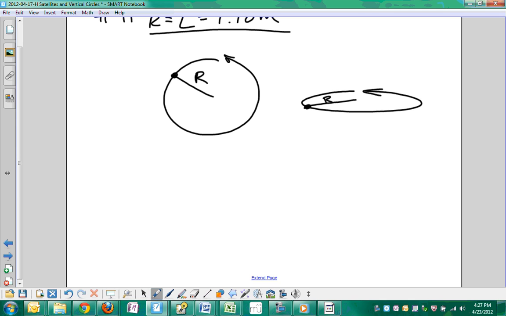Down here at the bottom, we know that is where the centripetal force is at a maximum.